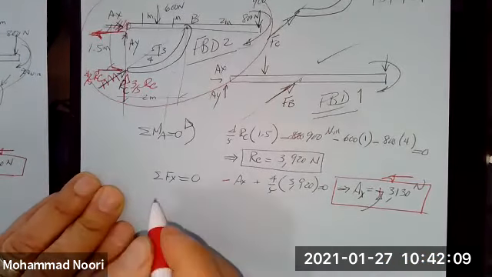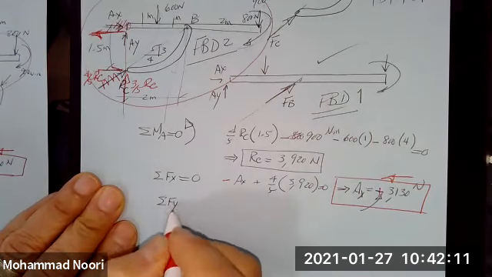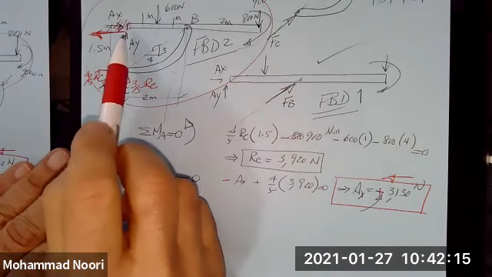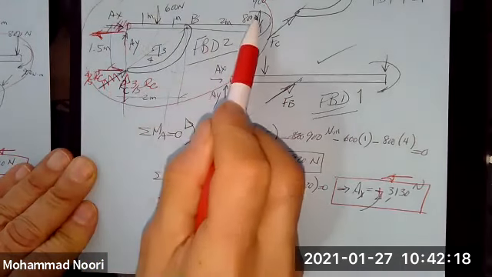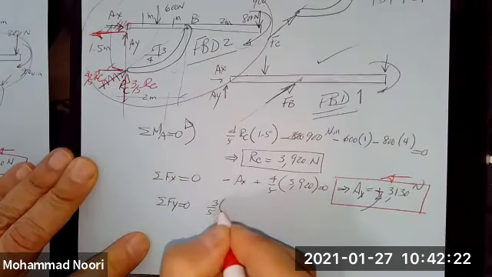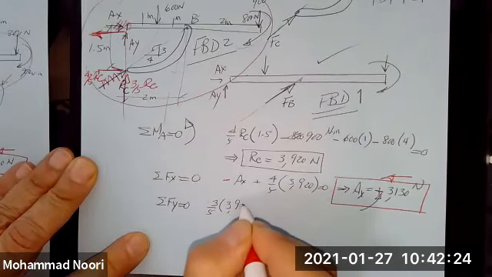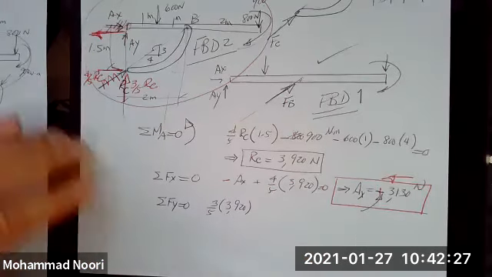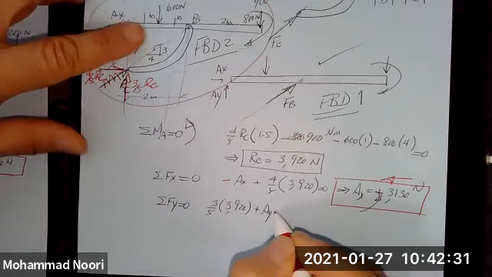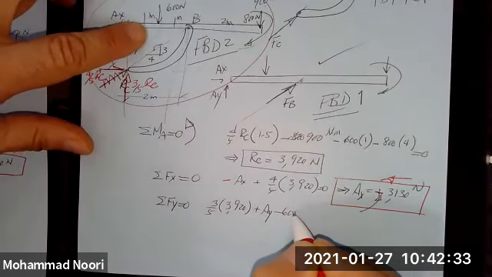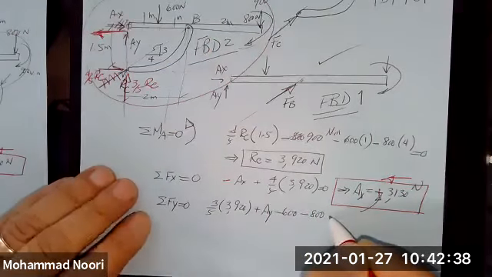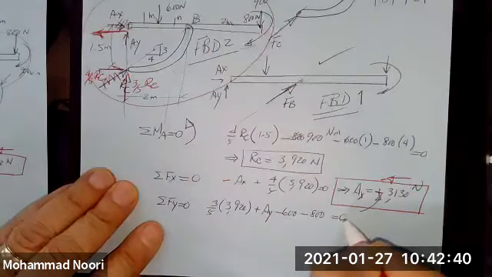We write summation of forces along Y equal to 0. What do I have here? I have this force, this force, this force, and this force. So I have 3/5 of RC, which is 3,920, plus the unknown AY minus 600 minus 800 equal to 0.